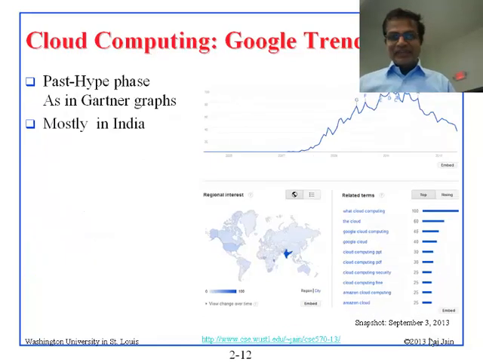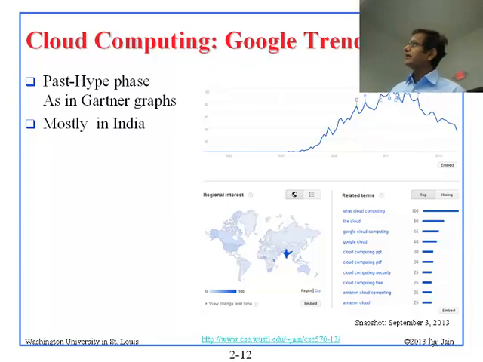All right. Then I went to cloud computing, and cloud computing, you see, just like in the Gartner graph, cloud computing is past the peak, way down there. And the searches are exactly following that, and mostly interested in India, but there's not that much interest left in USA. In USA, it is a commodity.